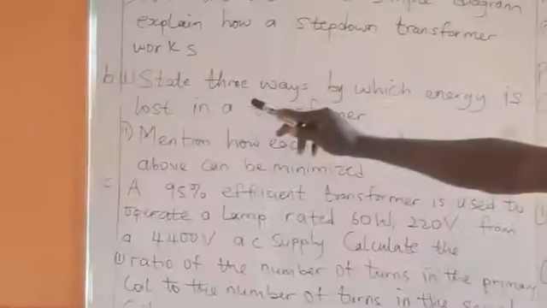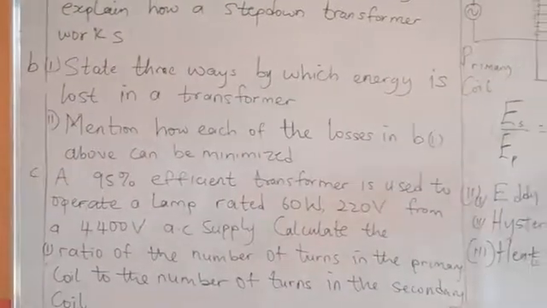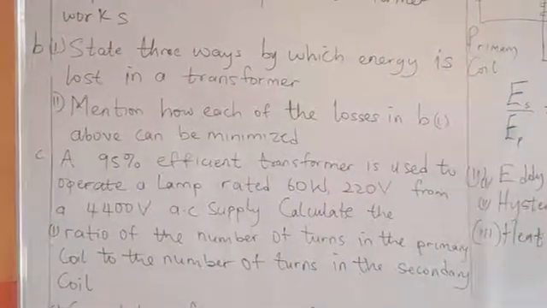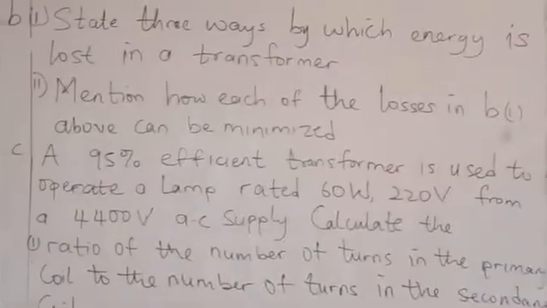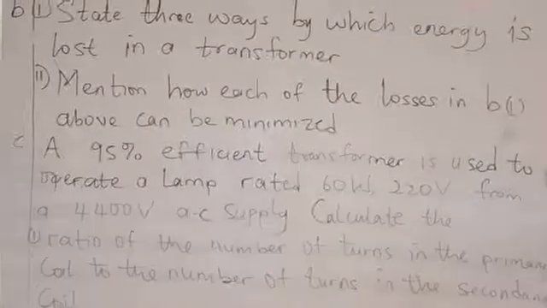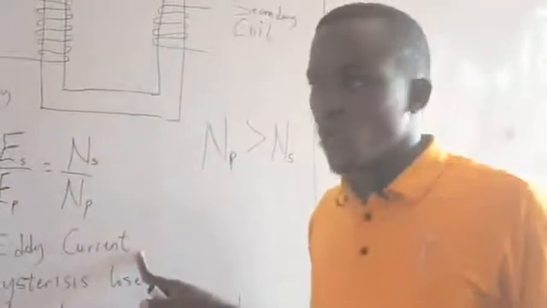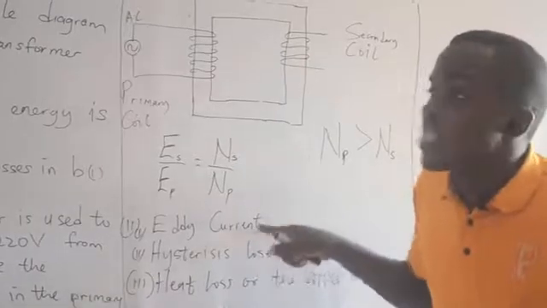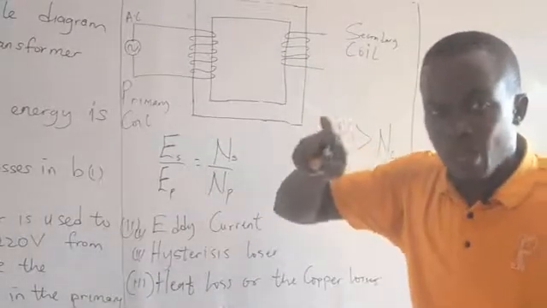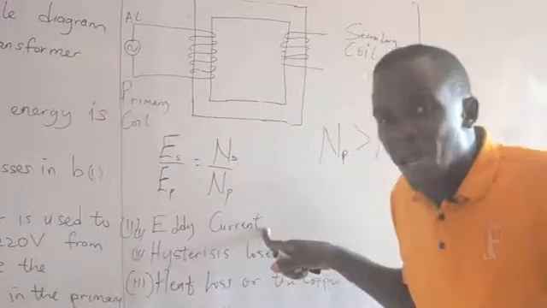Now, here they said, for Roman figure, just because of the space, to mention how each of these losses can be minimized. Now, remember what we are doing with eddy current loss is either you are told to cut the circular path into slots, because eddy current tends to flow in a circular path, or you laminate the core.